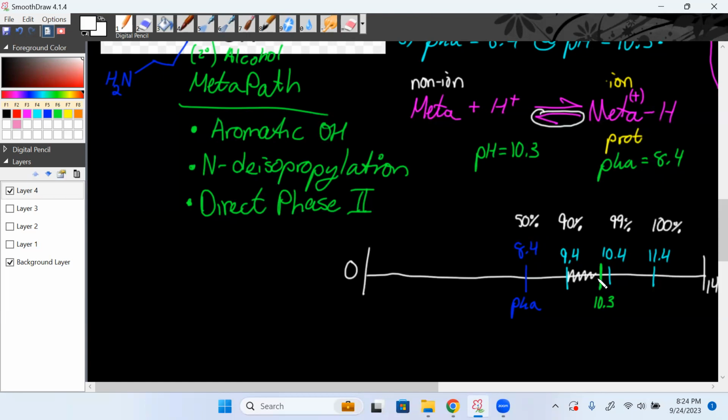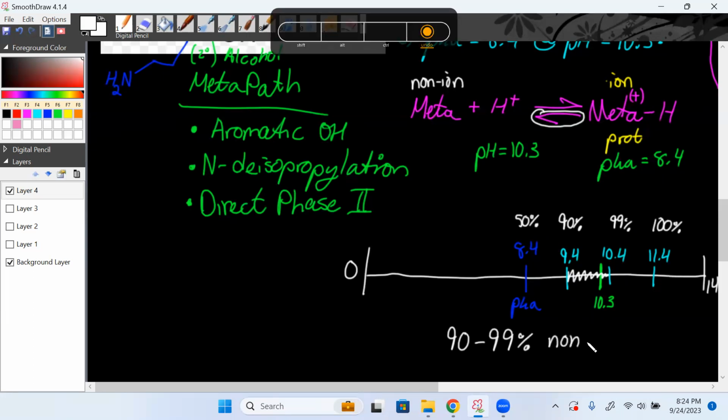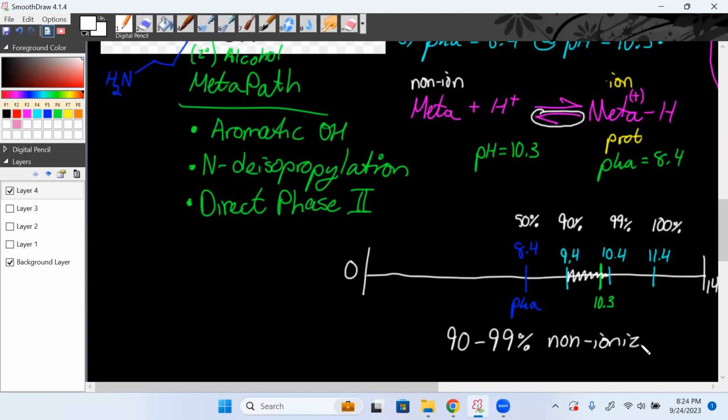So we fall in between the 90 to 99% range, which would be 90 to 99% non-ionized. How do I know it's non-ionized? Because the equation chose the non-ionized form. Any questions about this?